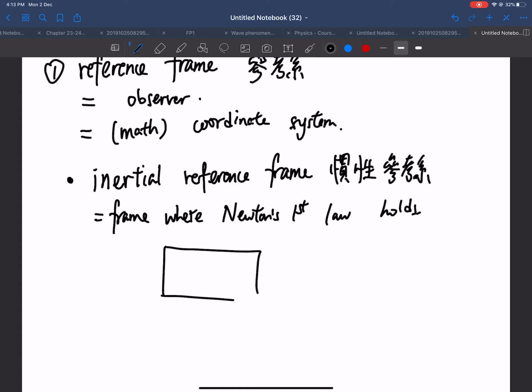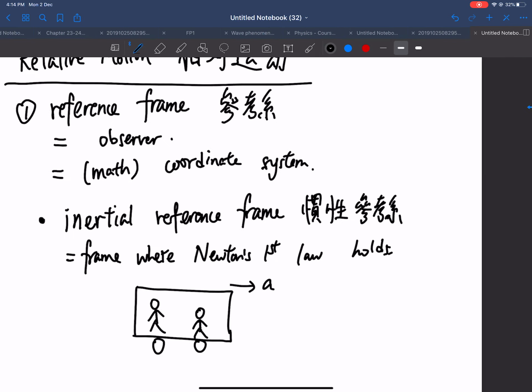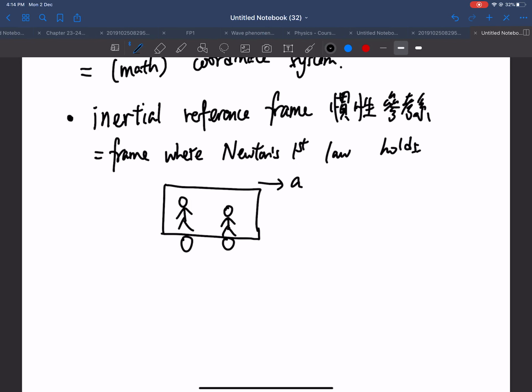Just like inside a train, the train is accelerating. An inertial reference frame is a reference frame in which Newton's first law holds. So if there are two men sitting in a car which is accelerating to the right at the same acceleration, is there any net force acting on these two bodies?